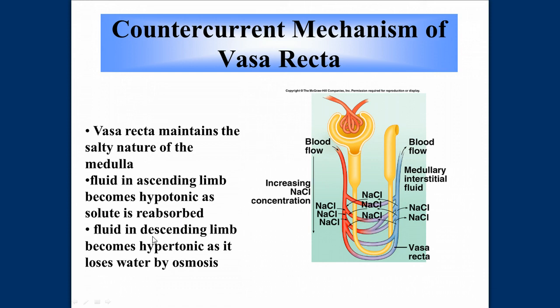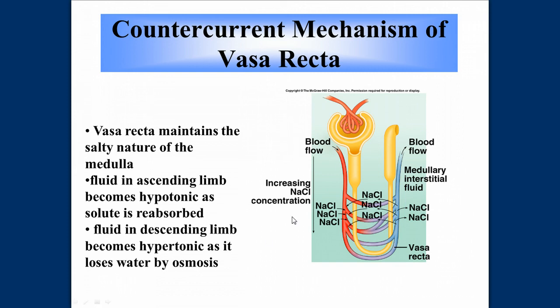Okay, the fluid in the descending limb, what's being lost here? Water. Water comes out here. As water comes out, you're going to have more solute in this tubule. More solute makes it hypertonic.